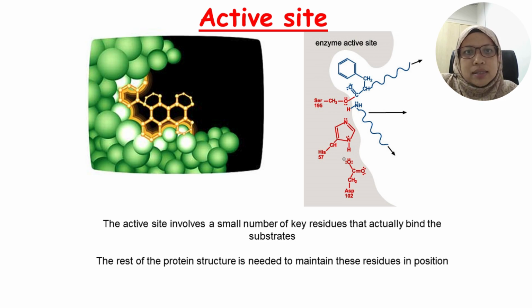Okay, then this is the structure of the active site. So how does the active site look like? So dia ada all these chemical structure, and then dia ada important functional group yang akan bind dengan your substrate.